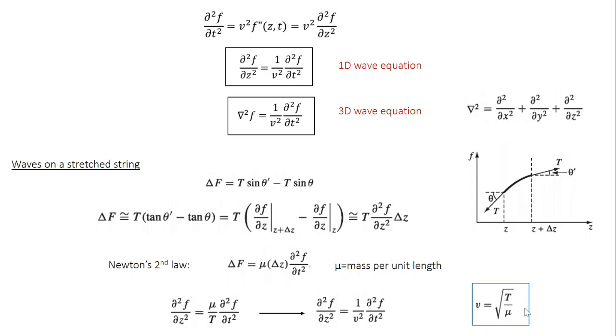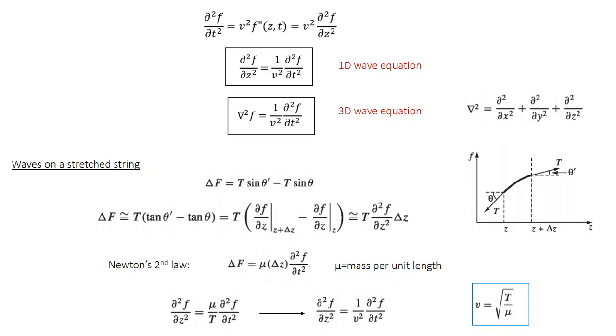And let's check whether this expression is correct. You will find that when the tension on the string increases, the velocity increases, so velocity is proportional. And when the mass of the string increases, the velocity decreases. This is true not just for a stretched string, for any medium in general.